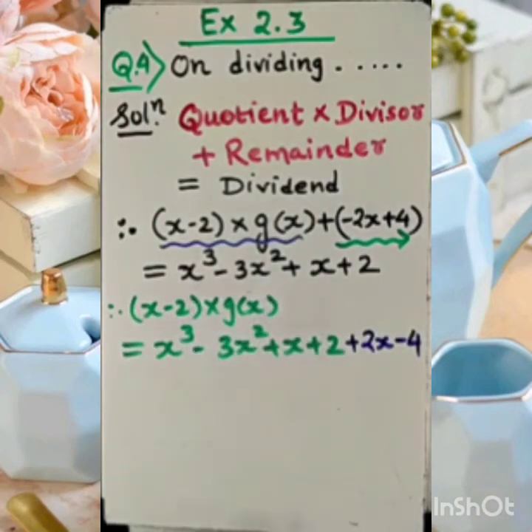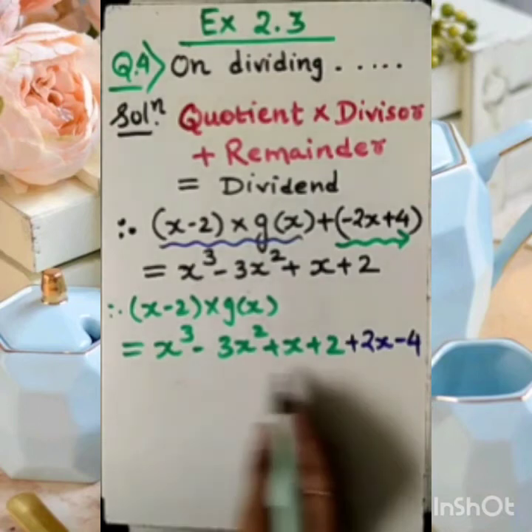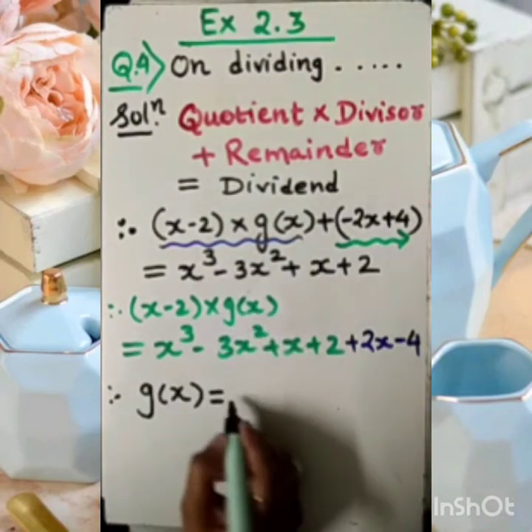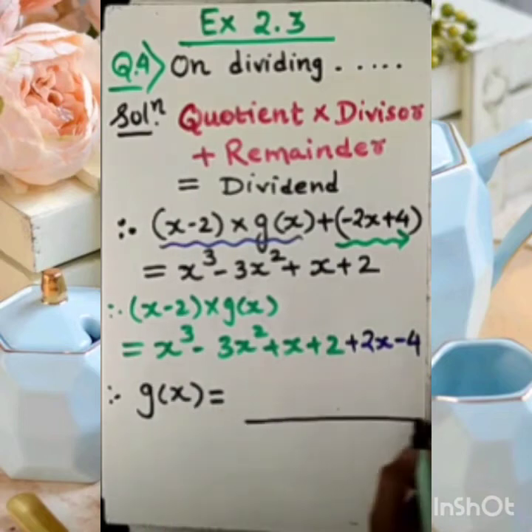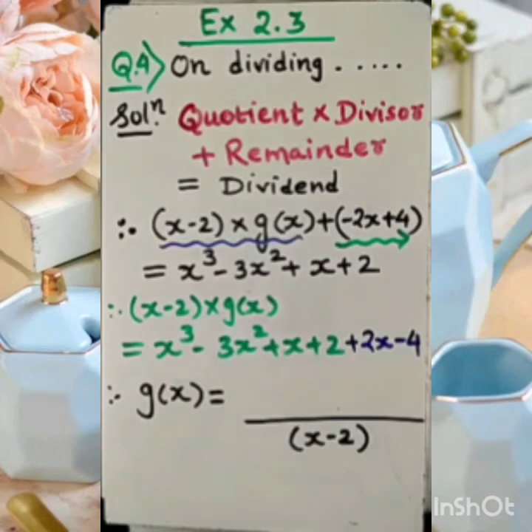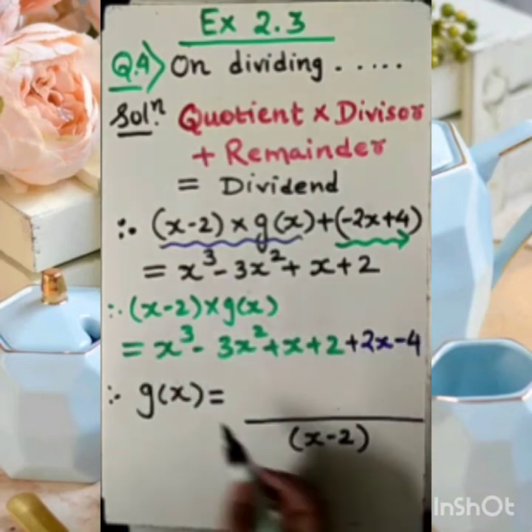Now let's simplify. If I make g(x) the subject, then g(x) equals this over x minus 2, because x minus 2 is in a product, so on this side it will become the denominator.